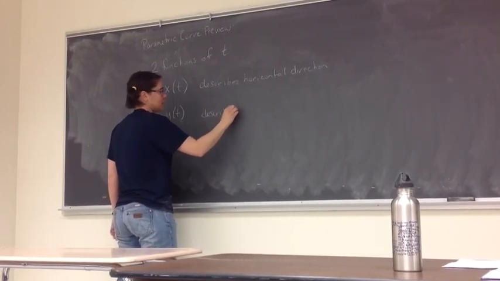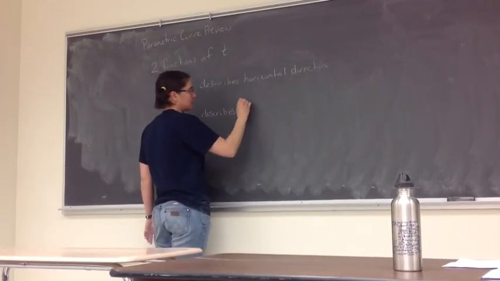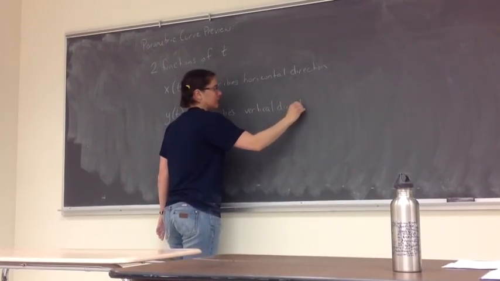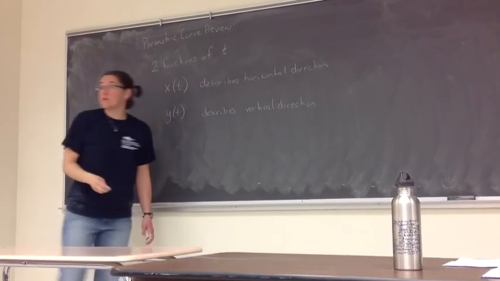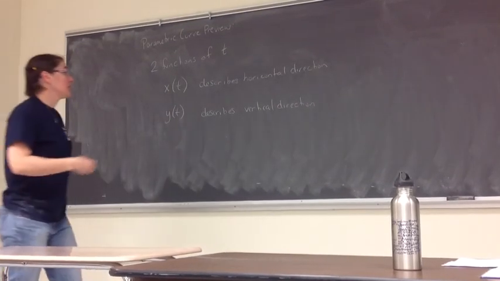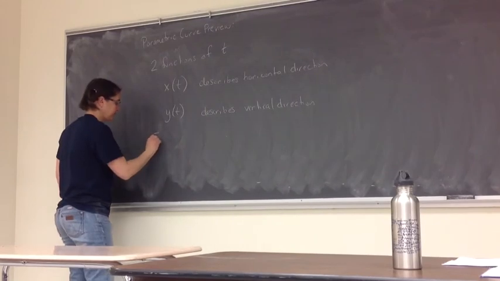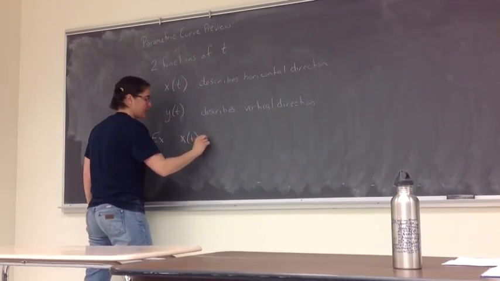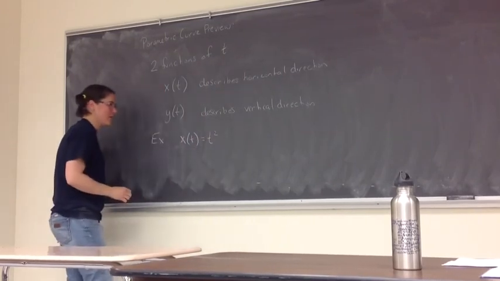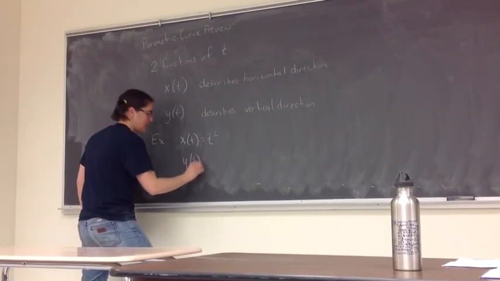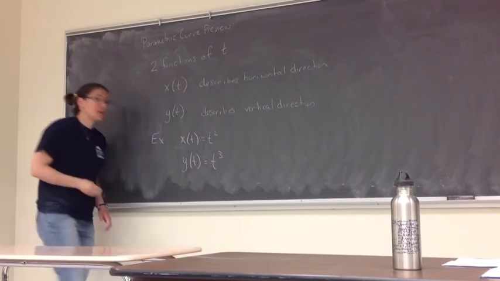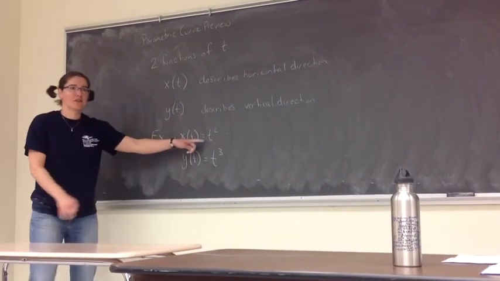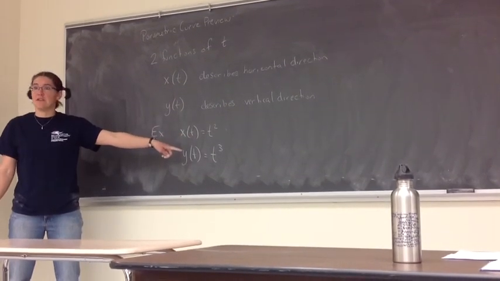For example, x of t is equal to t squared, and y of t is equal to t cubed. So we get some function of t in the x direction, some function of t in the y direction.